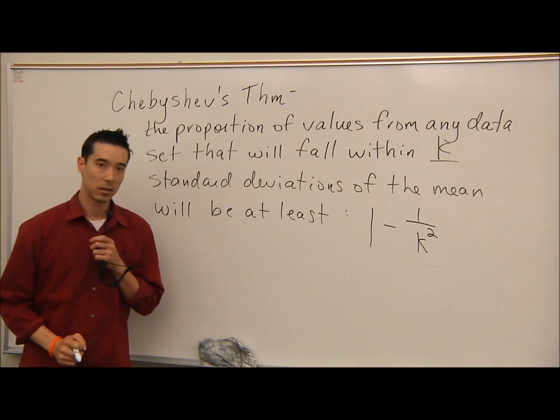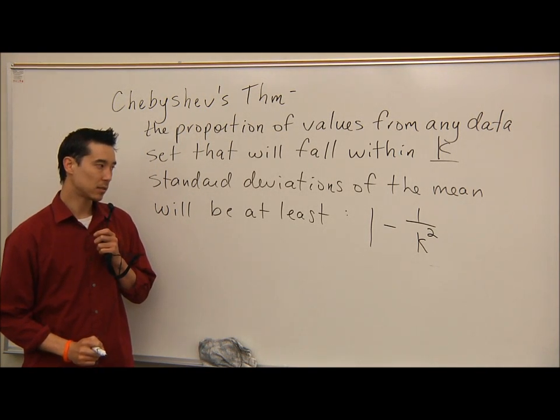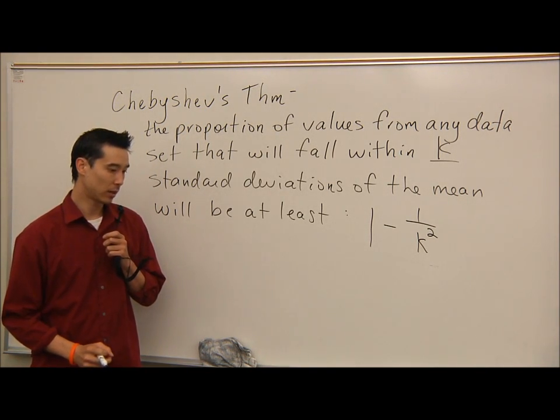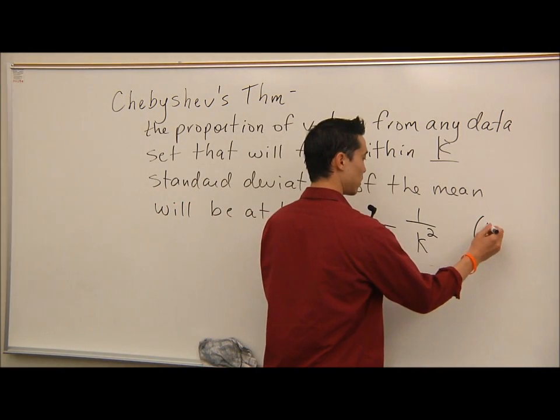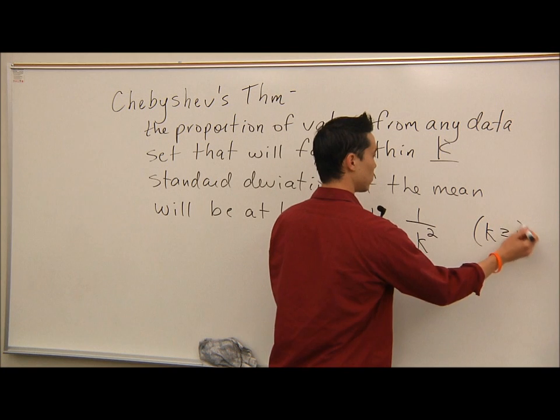Okay? So my formula is 1 minus 1 over k squared. Okay? And the lowest k can be is 1. So I'm going to put k has to be greater than or equal to 1.